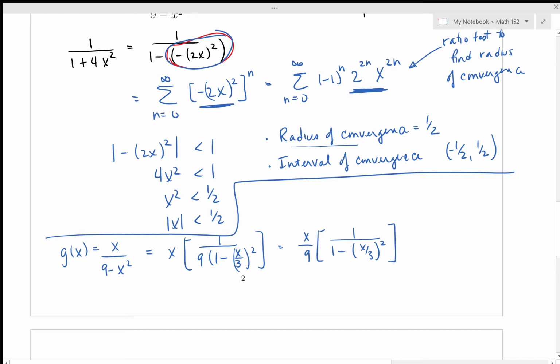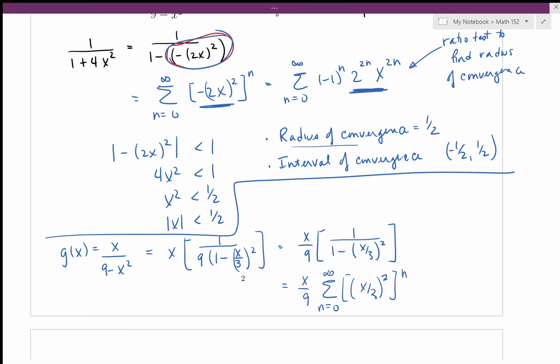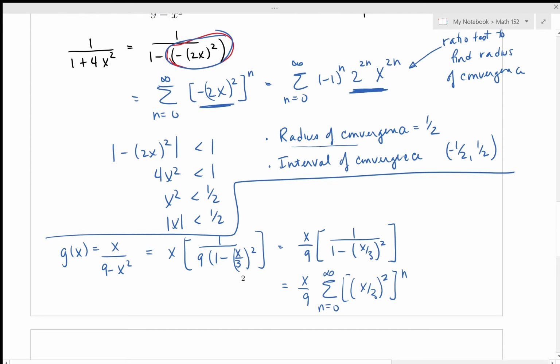So now I can immediately write what the power series representation is for this, and that looks like this: x over 9 times the sum of n equals 0 to infinity of x over 3 squared to the n. Okay, I am taking this thing right here, and that is going right here.